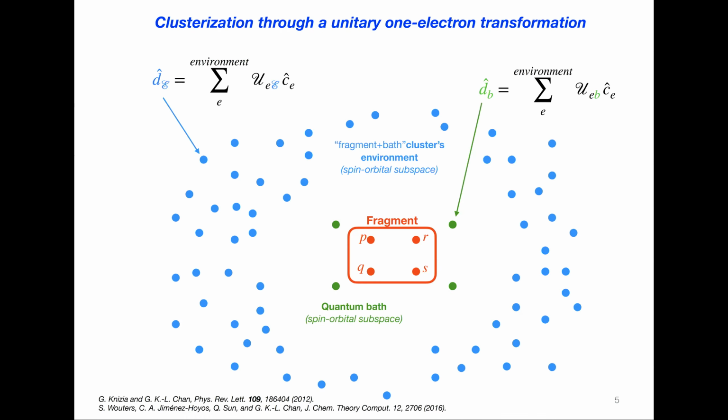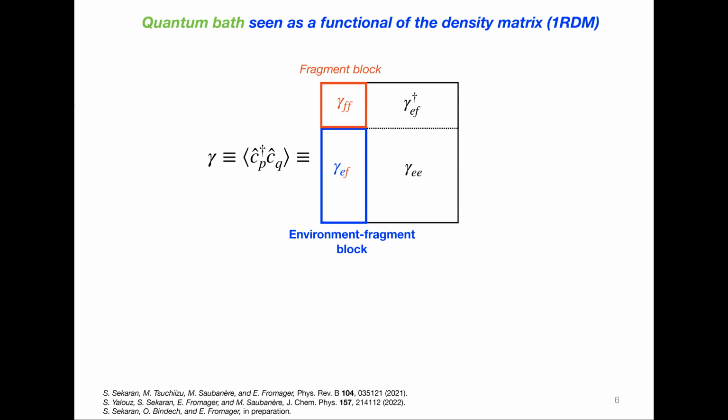So the question that comes here is how do you construct the quantum bath actually in this approach? We realized recently that it can be written in a very simple way as a functional of the 1 electron reduced density matrix, so gamma. What I will just call the density matrix from now on is a very important object in this approach. To be a little bit more specific, what matters is the environment-fragment block of the density matrix.